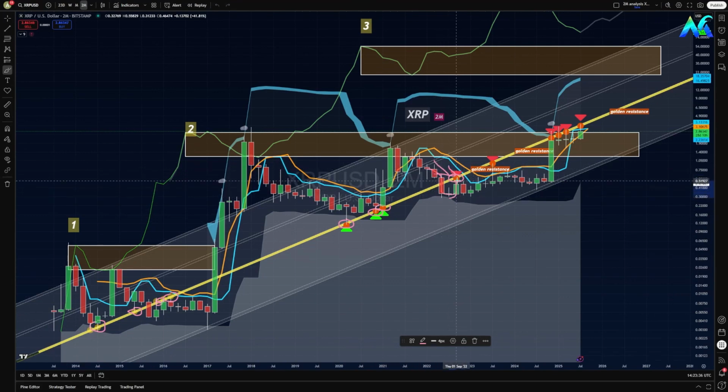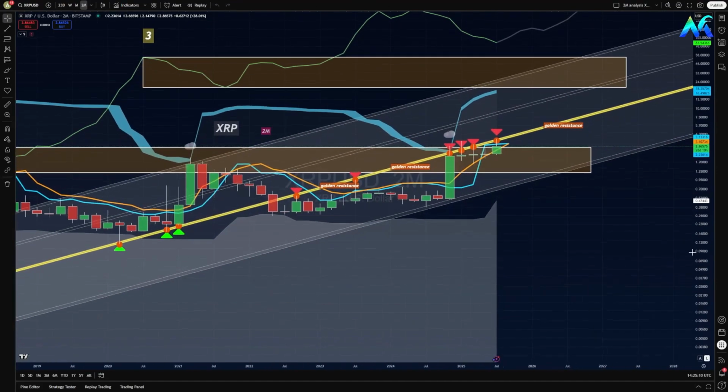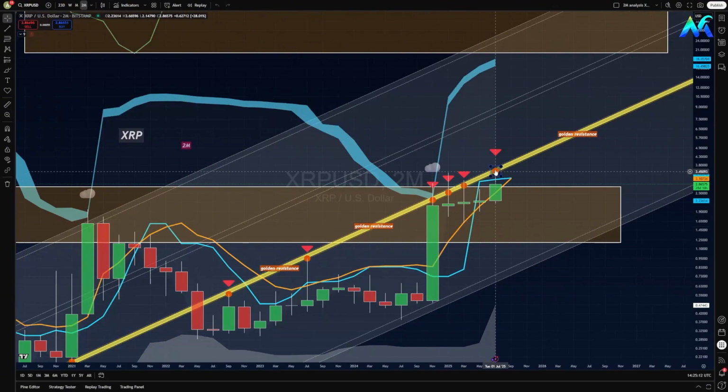Indeed, we went up, we got rejected, we went to the downside, then we went up again to retest it as a resistance, we went down, then all the way up again to test it as a very strong resistance, we got rejected, here we got rejected again, very strong resistance, here again, and with the current candle. So as you can see, this line is responsible for a major part of the structure of the market, and it's because we hit this line that XRP is currently going down.